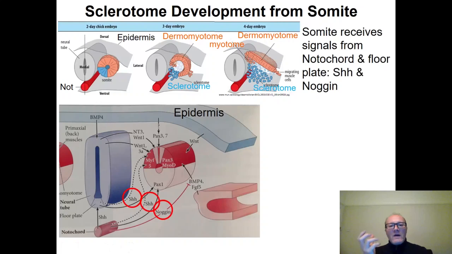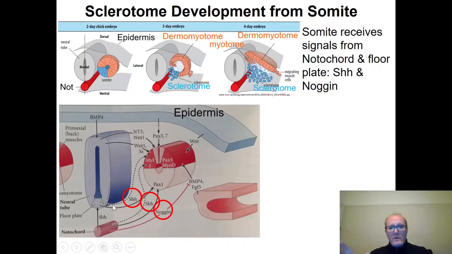Now, how are the cells in the somite able to know whether to become sclerotome or dermomyotome? Well, it is because of signaling from, for example, the notochord and the neural tube. In particular, signals like SHH and Noggin. We know that SHH and Noggin are expressed in the notochord and the neural tube.